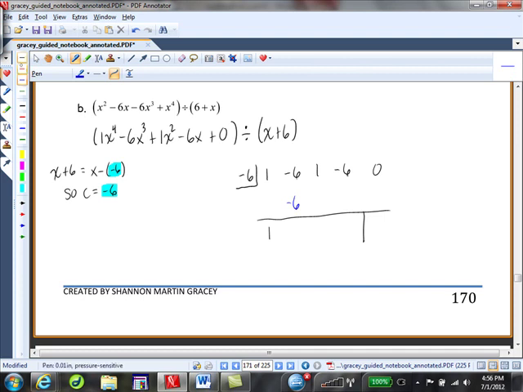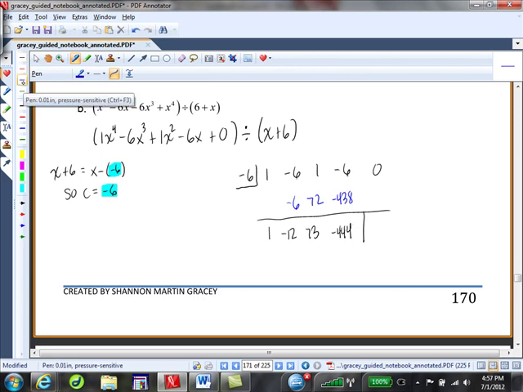And that's negative 6. Negative 6 plus negative 6 is negative 12. Negative 12 times negative 6 is going to be 72. And then 1 plus 72 is 73. 73 times negative 6 gives us negative 438. And then adding, we will get negative 444.